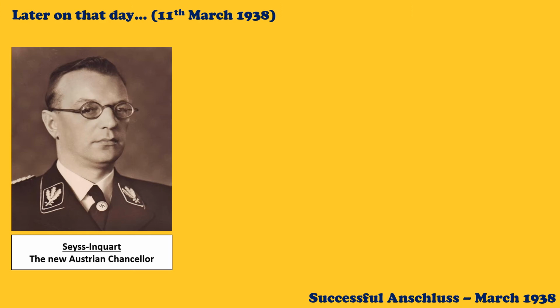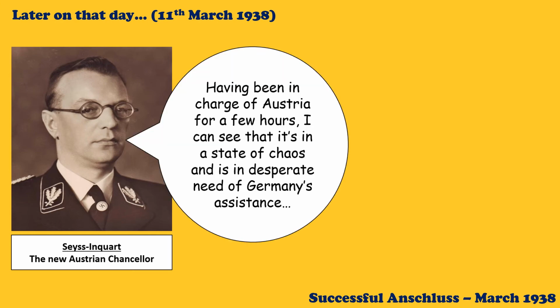And on that very day, on the 11th of March, 1938, again, I'm massively paraphrasing here, but Seyss-Inquart is like, "I've been in charge of Austria now for a couple of hours, and I can see that as a country, it's in total chaos. We are not strong enough as a nation to be able to control the madness that's going on. So we need Germany's assistance.